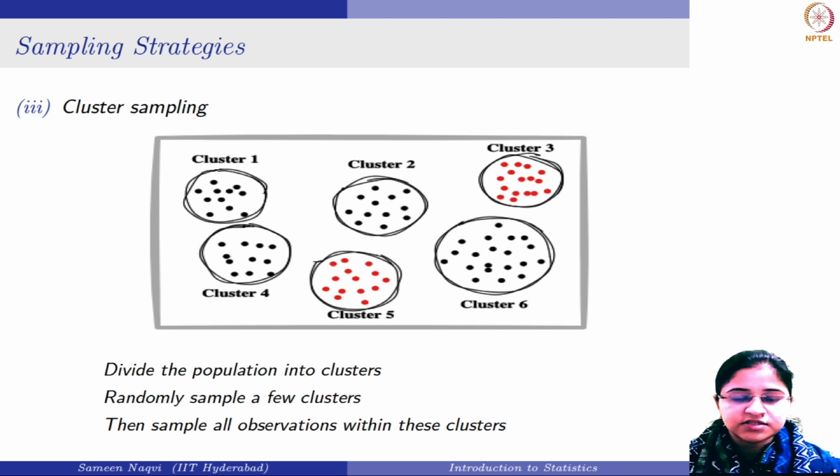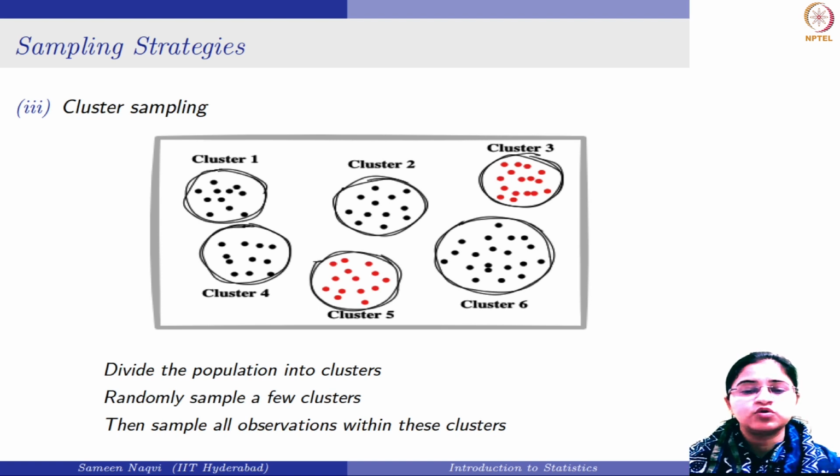To understand this, suppose the government health agency wants to assess the health status of individuals in your city. Now see that your city is divided into different localities. So what the agency does is that instead of visiting each and every locality, they just randomly pick two localities and then thoroughly investigate the health status of each individual within that locality.